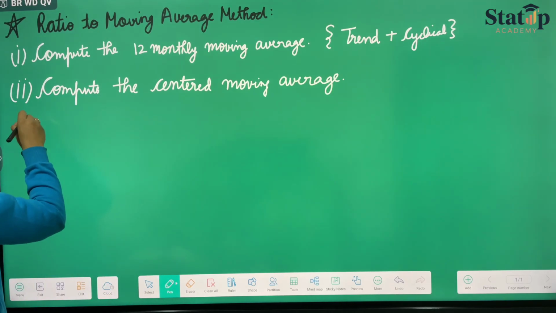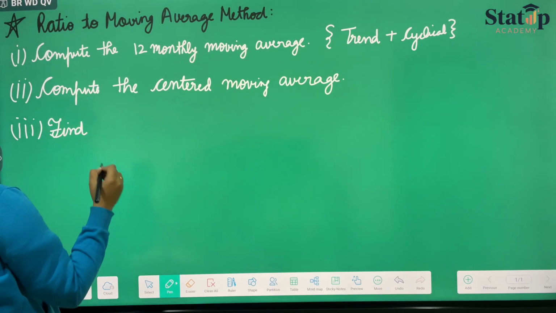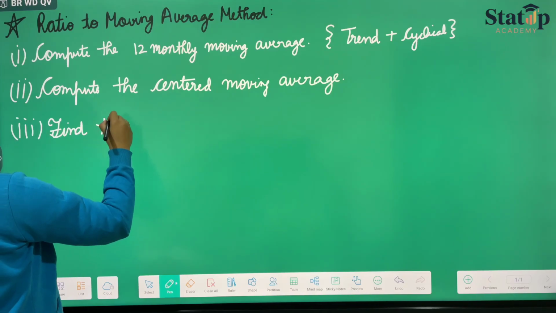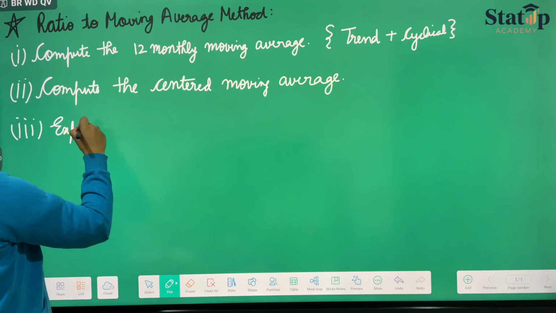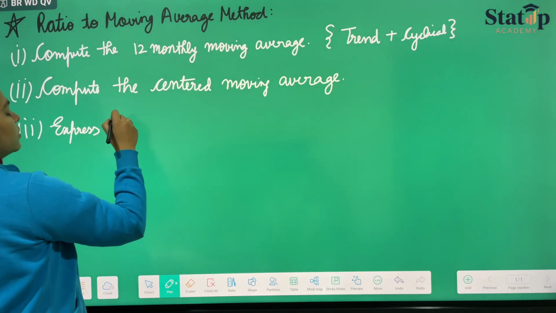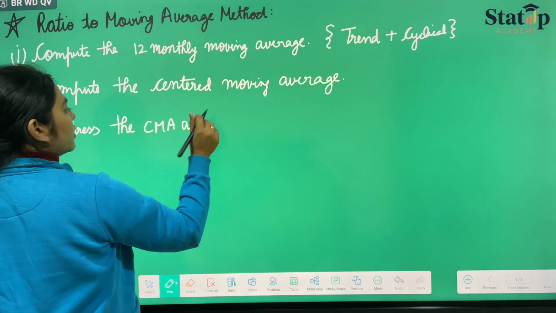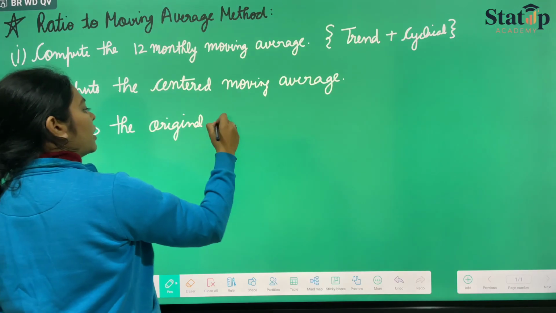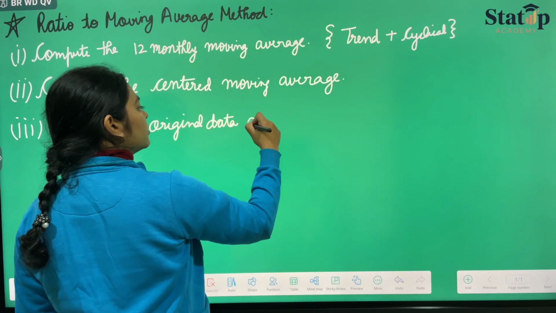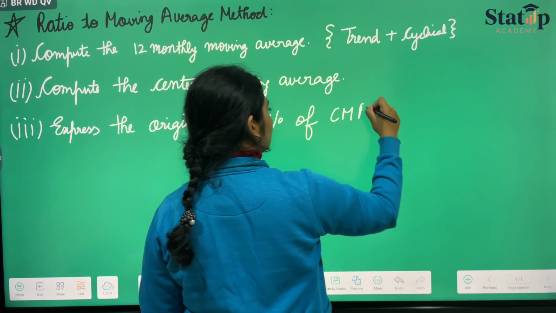In the third step, we'll express the original data as percentage of centered moving average.